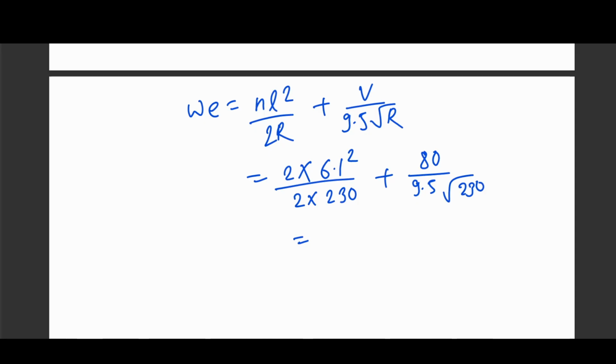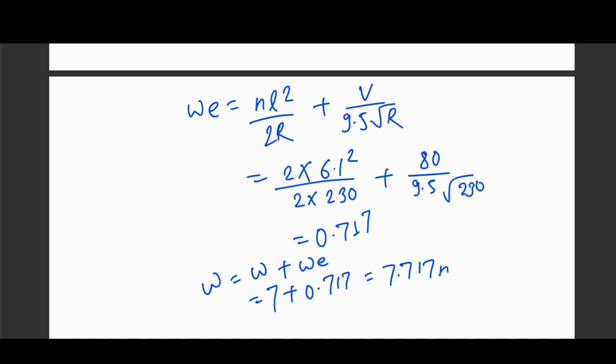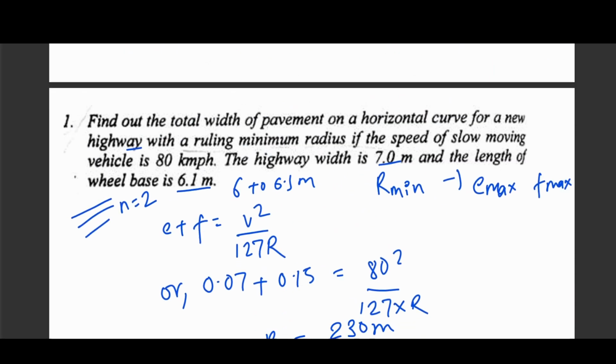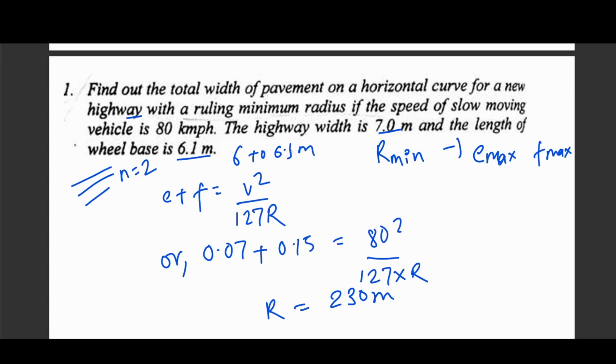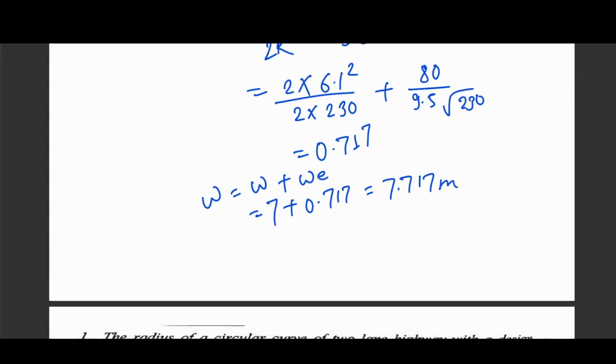So the value will be approximately 0.717. So the total width of the pavement will be the width of the pavement plus the extra widening, so it will be 7.717 meter. So the total width of the pavement is like this.